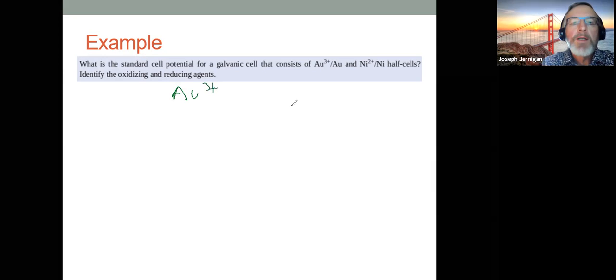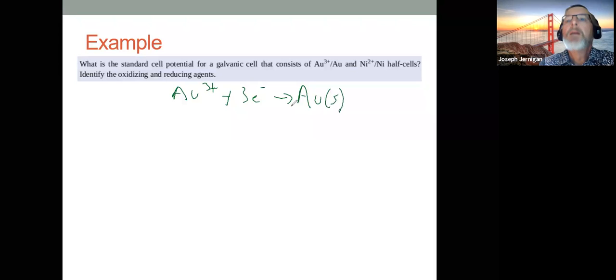Gold 3+ plus 3 electrons goes to gold 0. The E0 for this, if you look in that table, is nominally 1.5 volts.